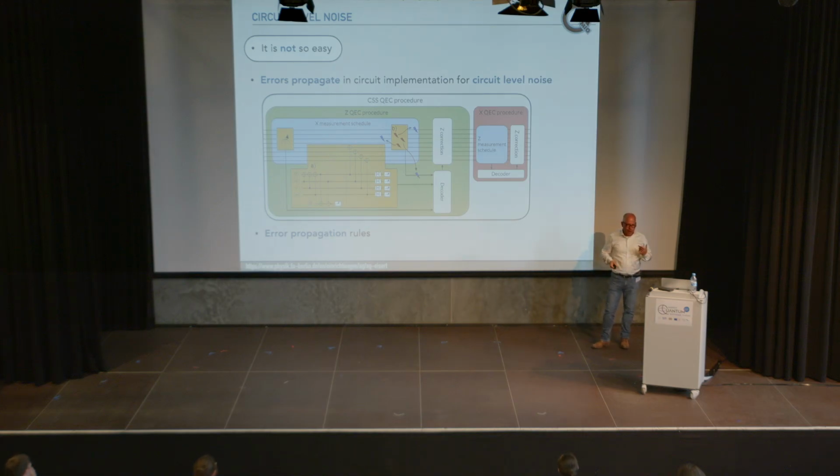So errors propagate in circuit implementations for circuit level noise, like depolarizing noise, and they would go all over the place. So what you would need is error propagation rules that tell you what happens and where errors go and how they can connect to different parts of the setting.